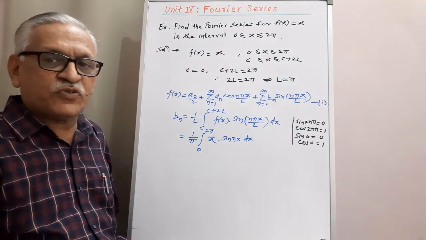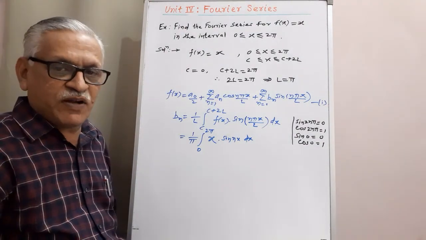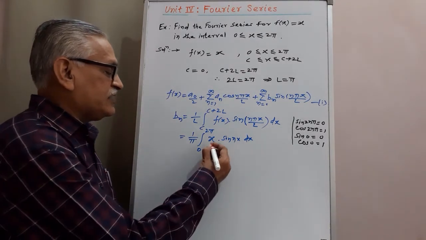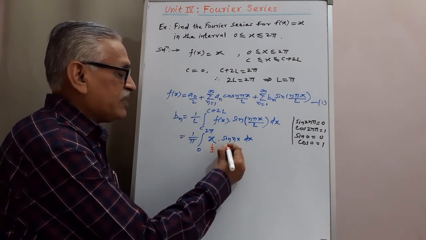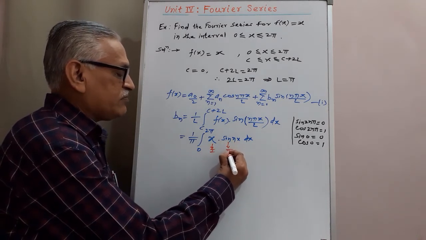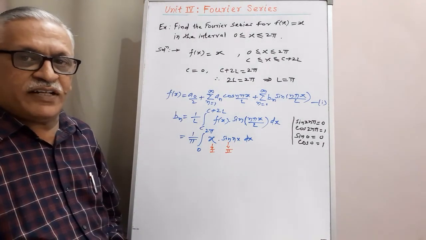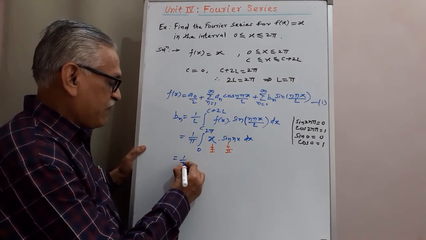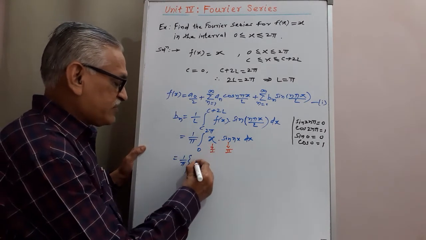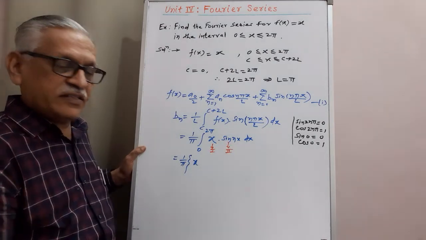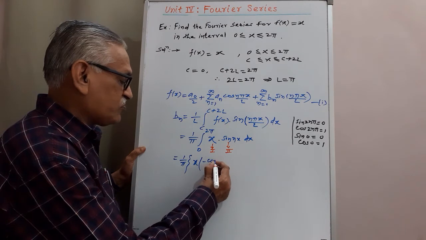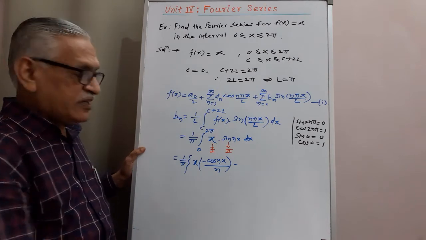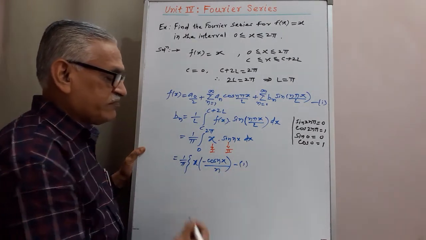Again here it is a product of two terms, therefore integrating by generalized part. Once again x as an algebraic term, we consider this as the first term, and sine of nx, a trigonometric term, as the second term, and then applying integration by generalized part, we get 1 by π, first term x as it is, integration of sine, integration of sine is minus cos nx divided by n, then minus derivative of x, 1.